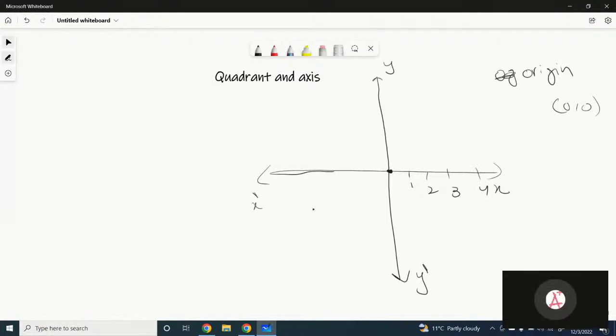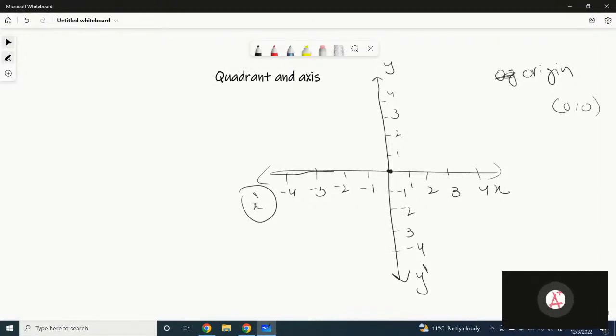And on the left hand side of the origin, you have all the negative numbers. That's why I've written x dash. It would be the negative x-axis. Right above the origin, you have all the positive y values, and right below the origin, you have all the negative y values. Got it?